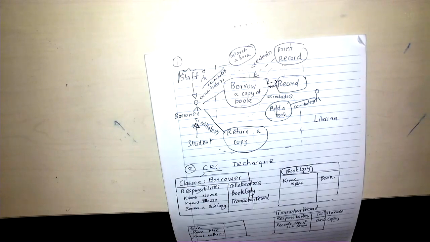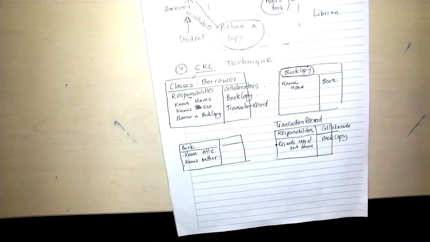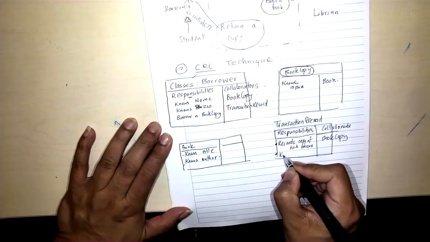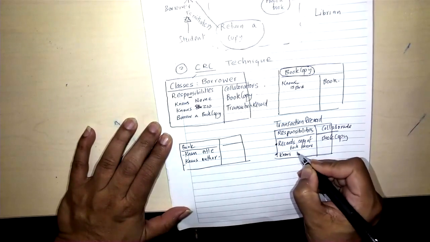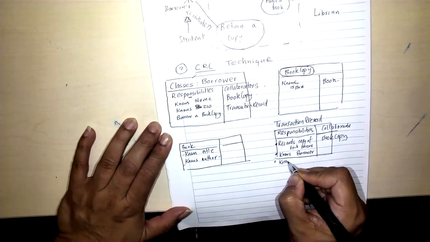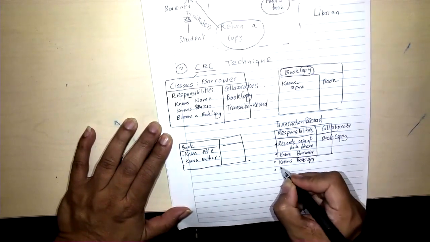Let's go back in here. This transaction record, what does it need to do? It needs to record who has borrowed what. So this transaction record knows the borrower, it knows the book copy, and it also knows the due date.